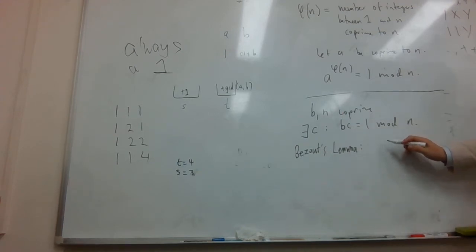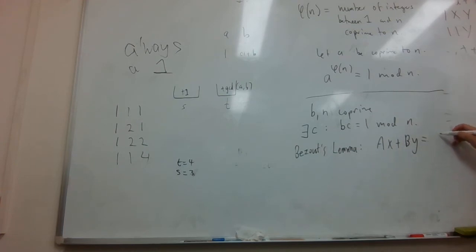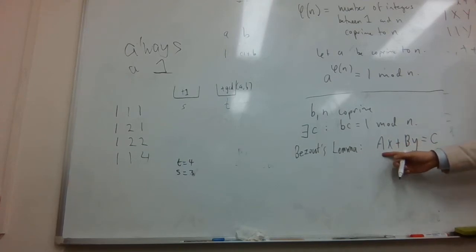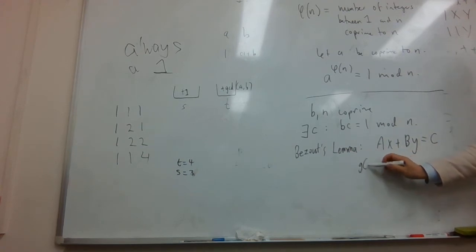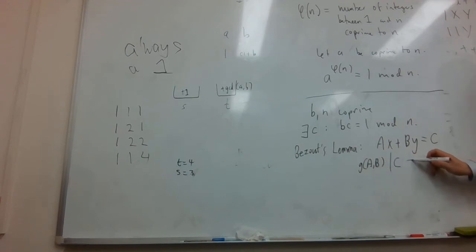If you have ax plus by equals c, as an equation, then as long as the GCD of a and b divides c, there's a solution to this equation.